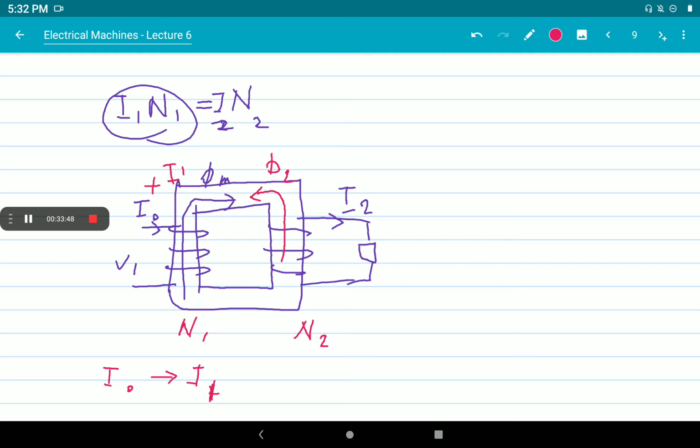Whatever type of transformer we use, whether an auto transformer, distribution transformer, or transmission type power transformer, this relation I1 N1 equals I2 N2 is valid. So we can write V1 by V2 is equal to N1 by N2 is equal to I2 by I1. Now we can write the EMF equation like this.